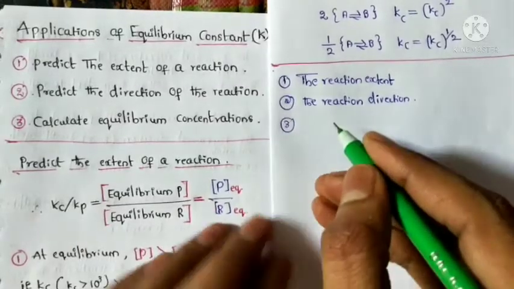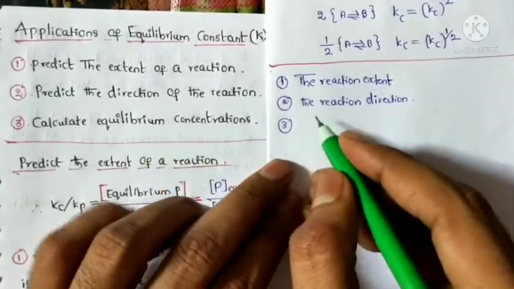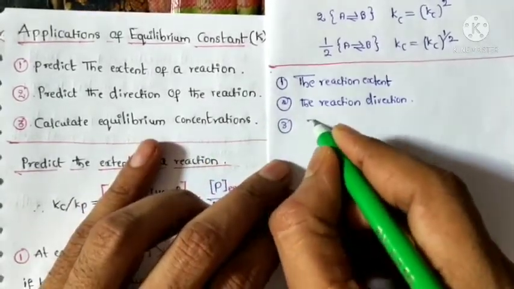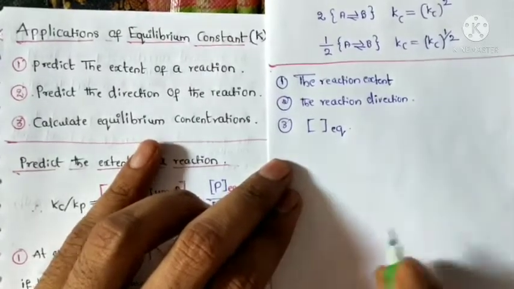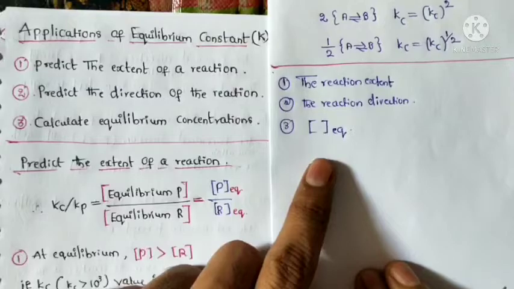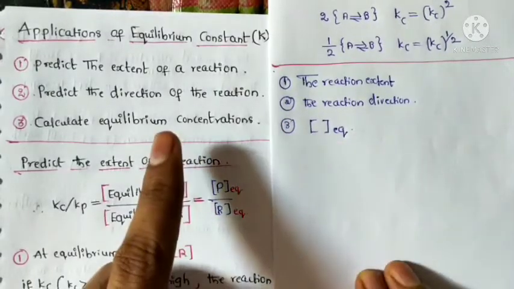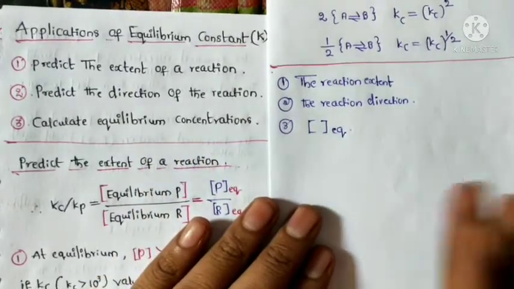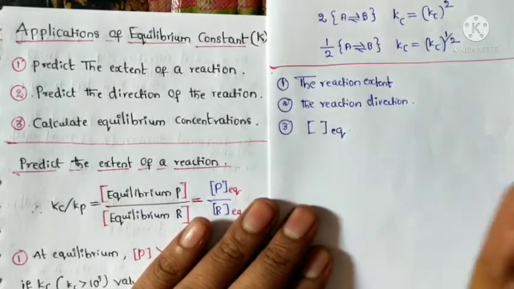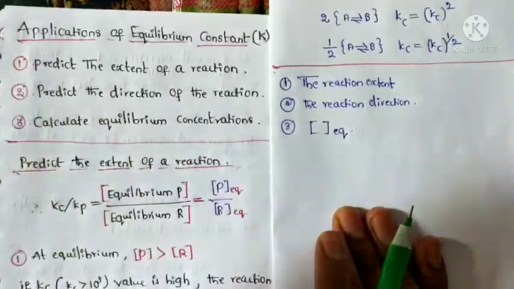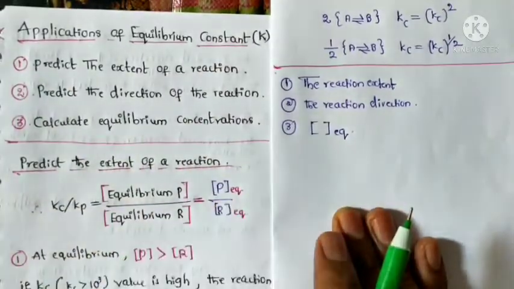The last one is calculation of the equilibrium concentrations. How to calculate the equilibrium concentrations from initial concentrations is also one of the applications of equilibrium constant. So three applications are there, which is very important.